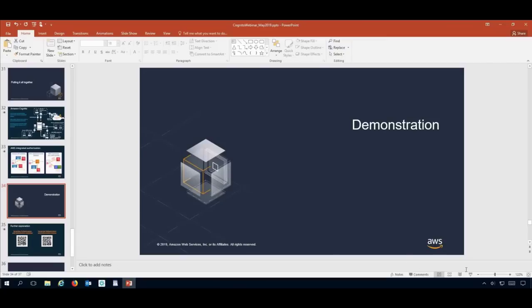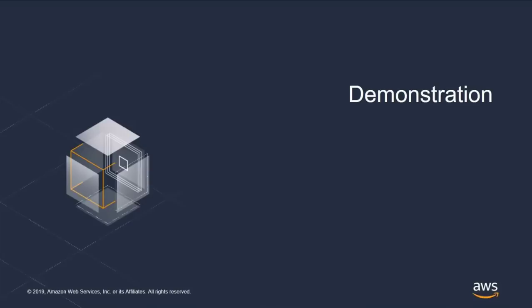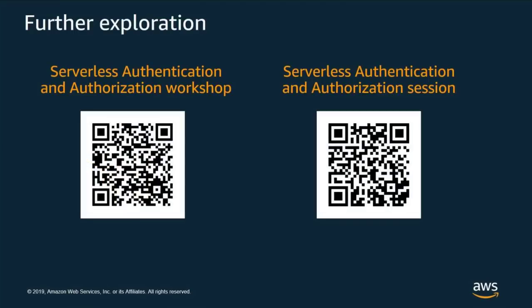Okay, so let's switch back over here. Hopefully that gave you a reasonable first view of Cognito. I want to provide some further places for you to go explore and learn. The first one, on the left, is a serverless authentication authorization workshop hosted in GitHub that a number of our serverless solution architects have put together.